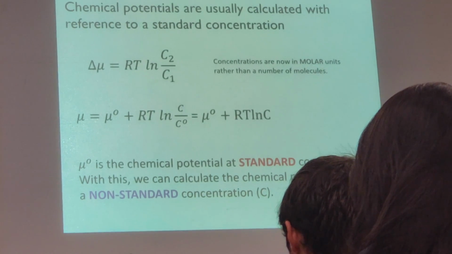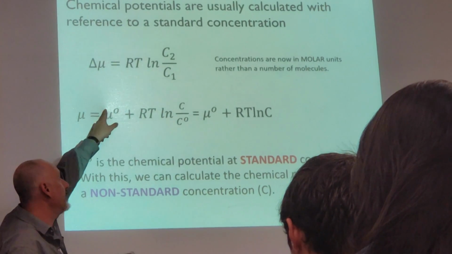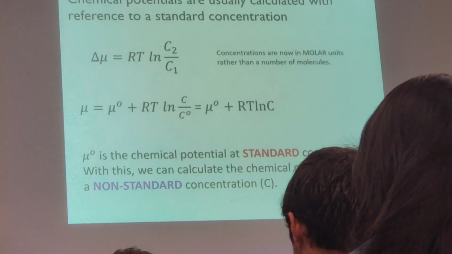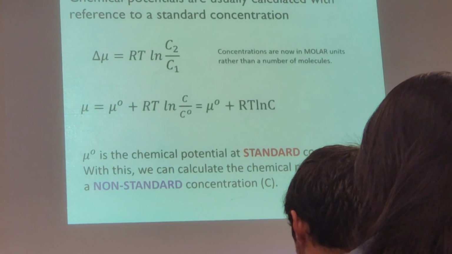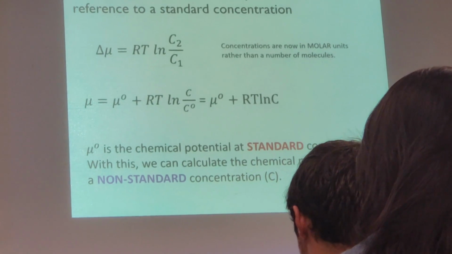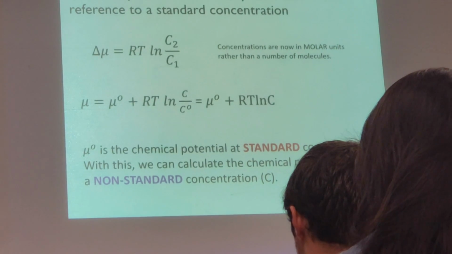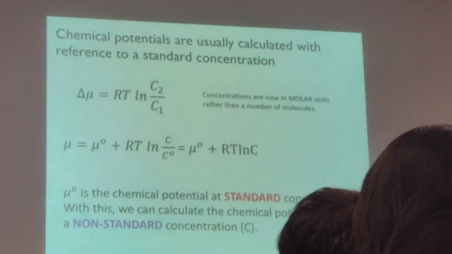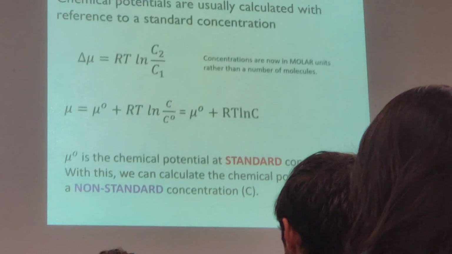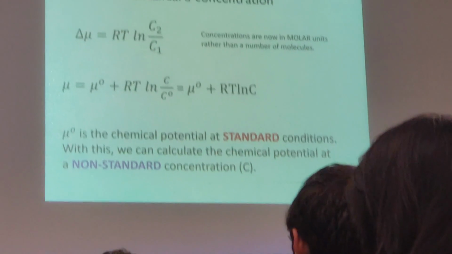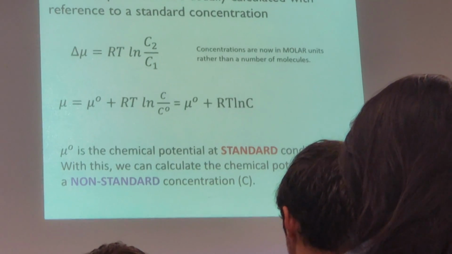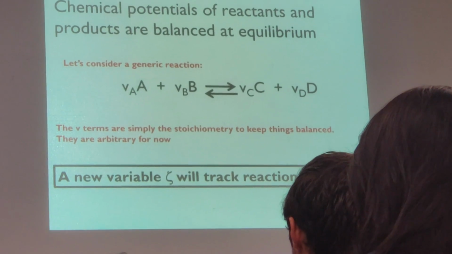Every time I have a standard chemical potential, I just call it mu naught, and all I've done is calibrate it with some known or standard concentration, C0. The thing to note from today's lecture, especially as we go forward, is that there will be standard conditions and non-standard conditions. That'll be interesting. I can go from standard to non-standard if I know how these things relate.